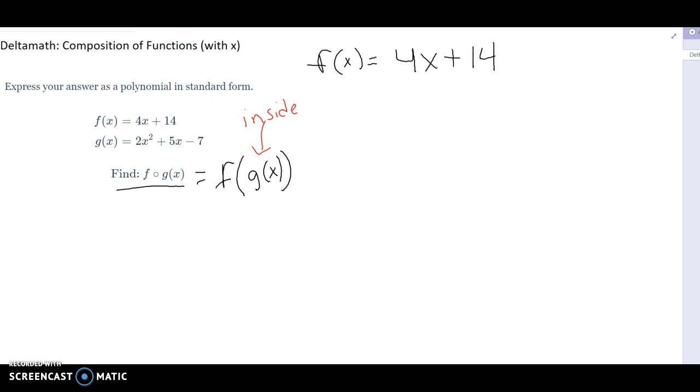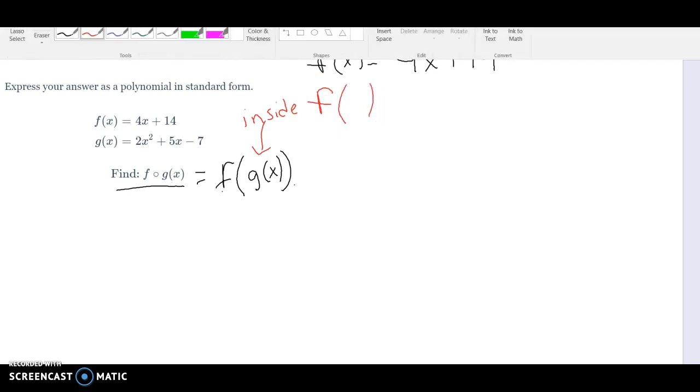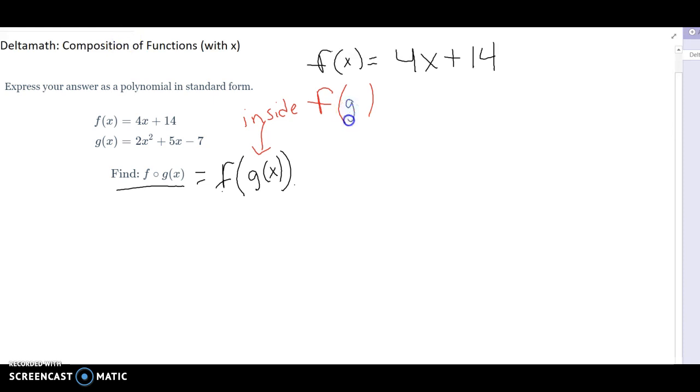Now, notice that the difference between f of x and f of x composed of g of x is the g of x. So I'm going to replace that x for g of x. So inside of it, I'm going to replace it with g of x.